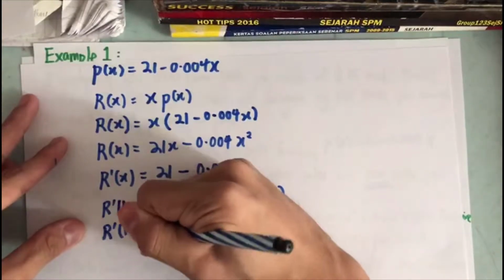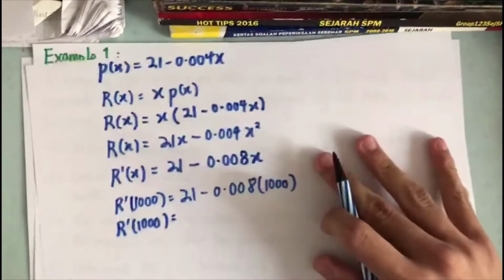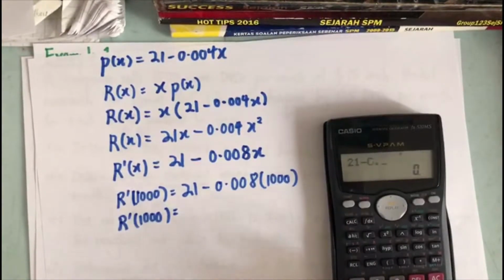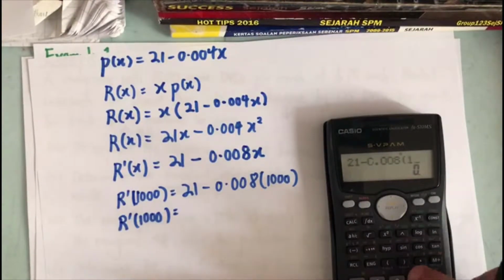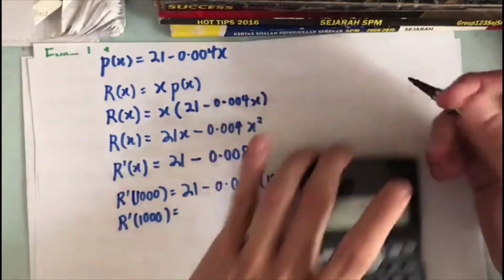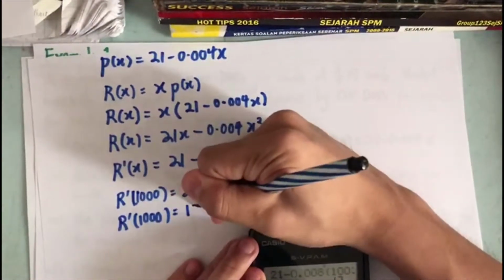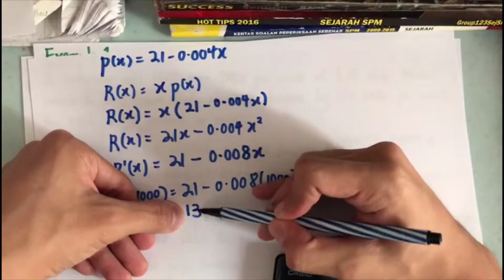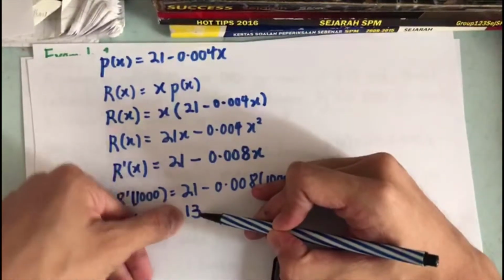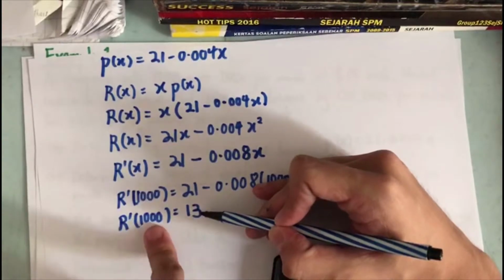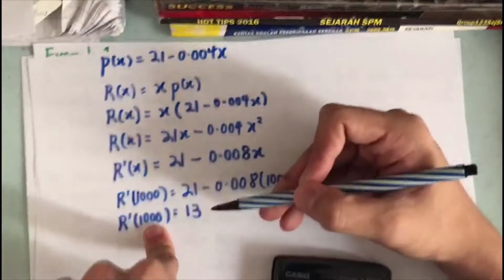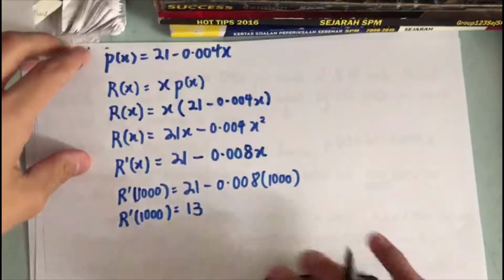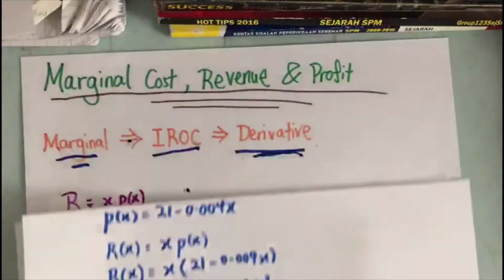R prime of 1,000 equals 21 minus 0.008 times 1,000, which is 13. This means that the revenue increases by $13 per unit sold when the sales are 1,000 DVDs. So let's shift the answer to the question paper as well.